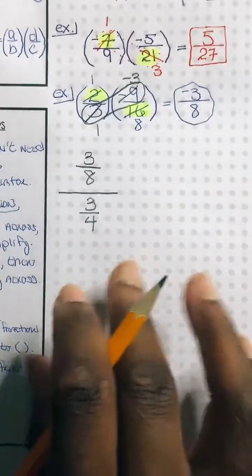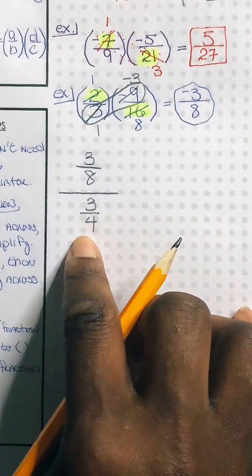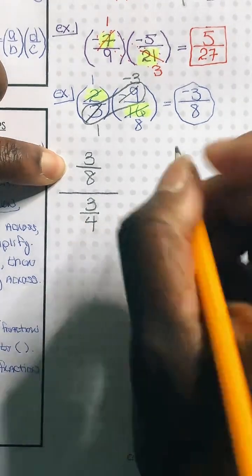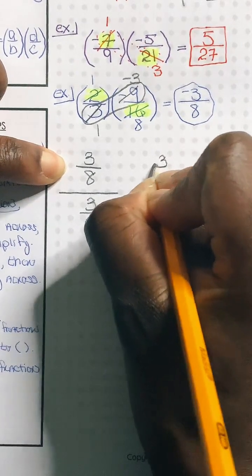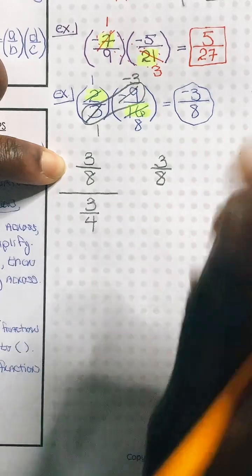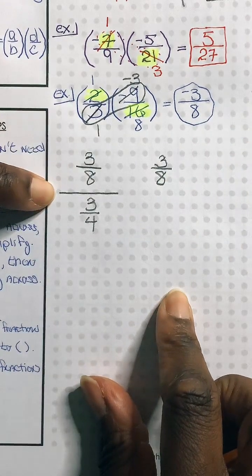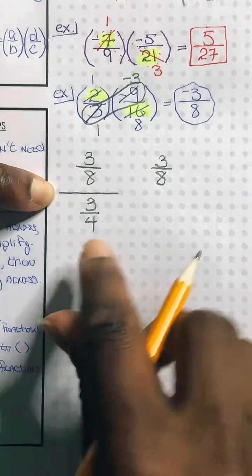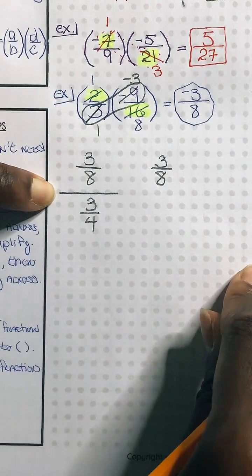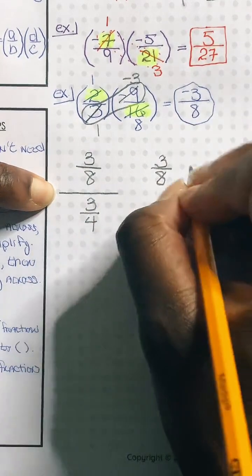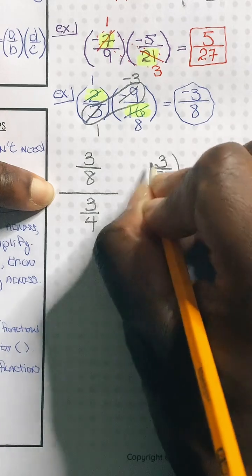The thing that you need to understand when you're dividing, you're going to keep this numerator. So I'm going to make my 3/8. Instead of division, let's change it to its inverse. And the inverse of division is multiplication. So I'm going to put parentheses.